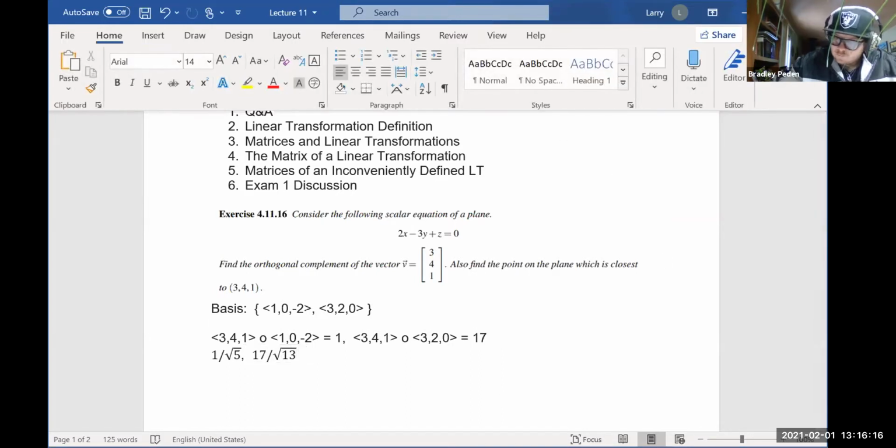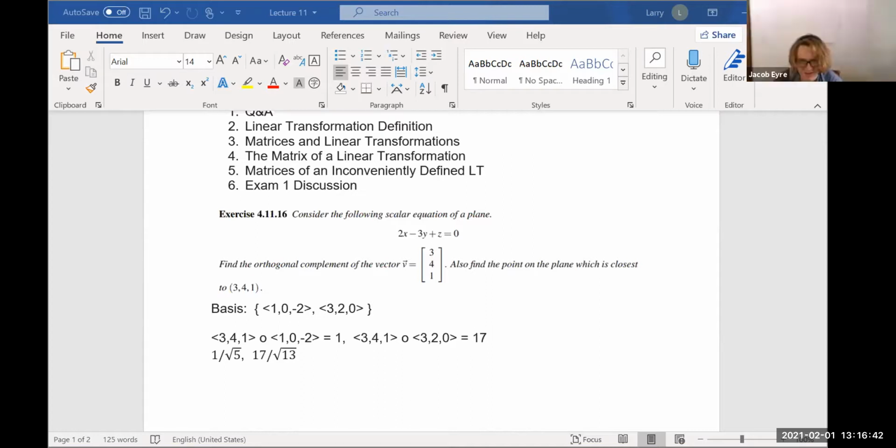In fact, let me go find the formula so that y'all know what we're talking about. This is 4.11. Let me show you where it is. It's in there somewhere, but it always takes forever to go find things. These squares.